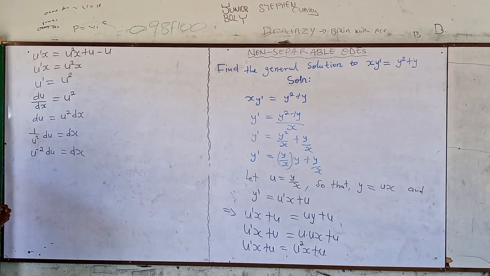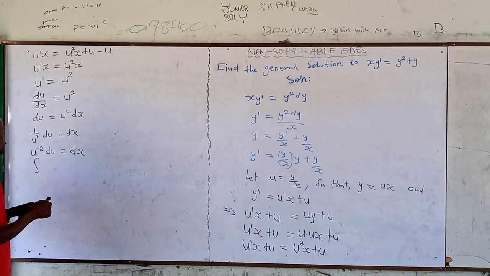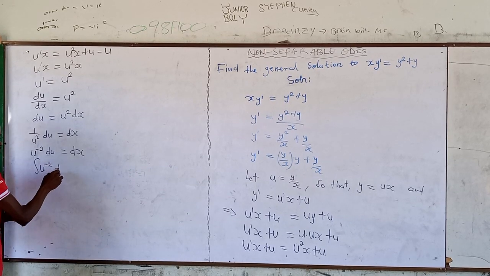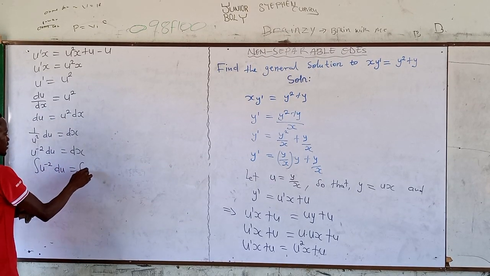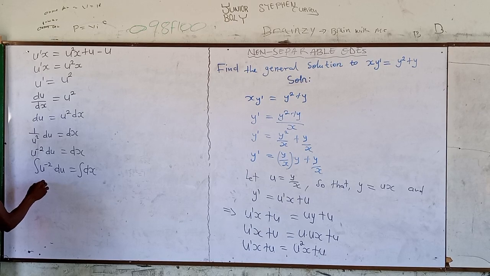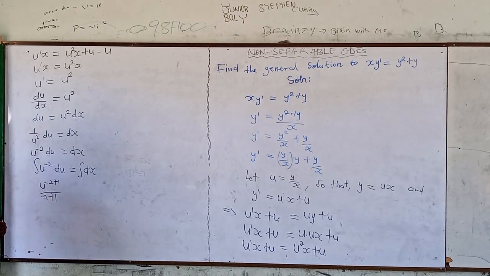We now take the integral of both sides. So integrating this side, we have integrating u raised to the power negative 2 with respect to u to be equal to the integral of 1 with respect to x. And so the integral of this one will be adding 1 to the power and dividing it by the new power.